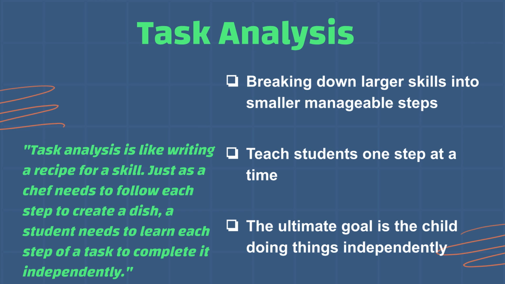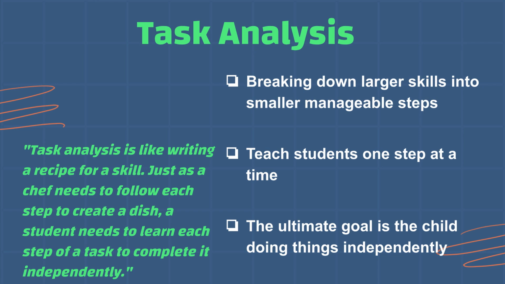When you have finished your task analysis, you have two choices in terms of how to teach those skills. You can do what is called forward chaining, where you start at the top of your list of things to teach and go step by step, or you can backward chain that task. You can start at the end and work backwards.